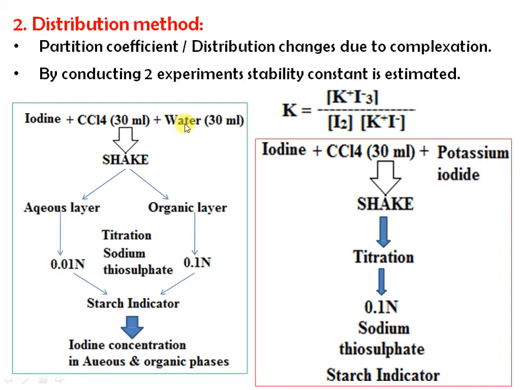But here there is no binding agent for the iodine, so there is no complexation, only distribution of iodine into the aqueous layer and organic layer, and by titrating you will come to know how much free iodine is there. Okay, and when you use potassium iodide, then you will come to know what exactly the stability constant of this potassium iodide and iodine complex is.